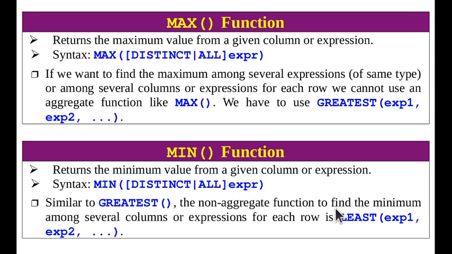Max function and min function. Max function returns the maximum value from a given column or expression. Its syntax: max within bracket distinct or all expression. Similarly, min function returns the minimum value from a given column or expression.